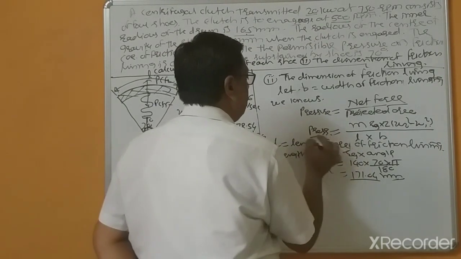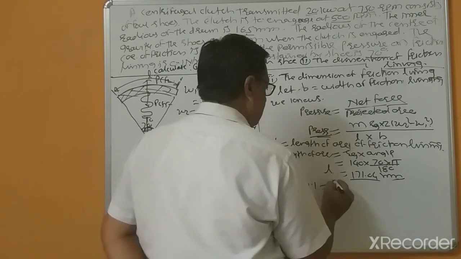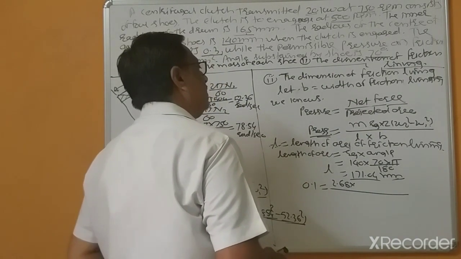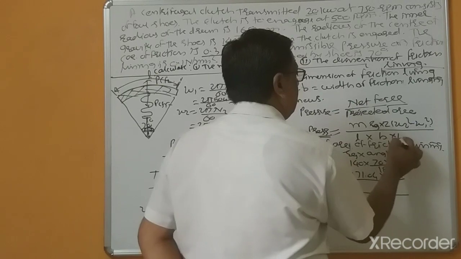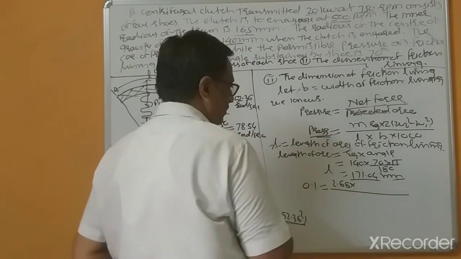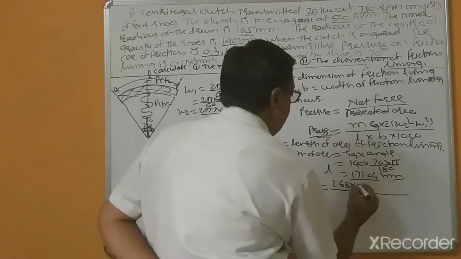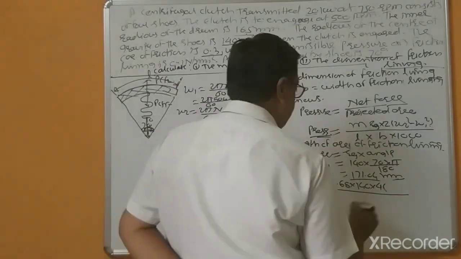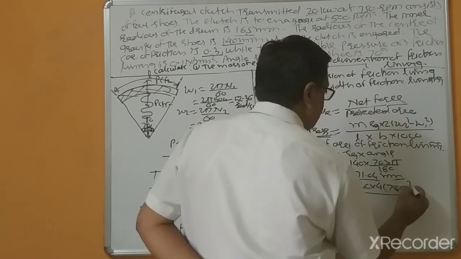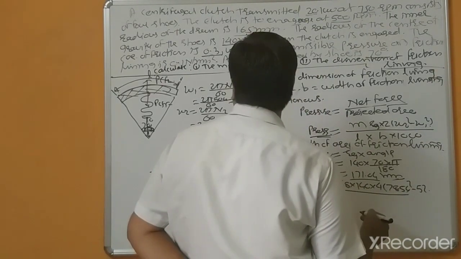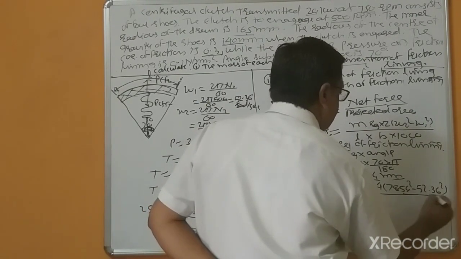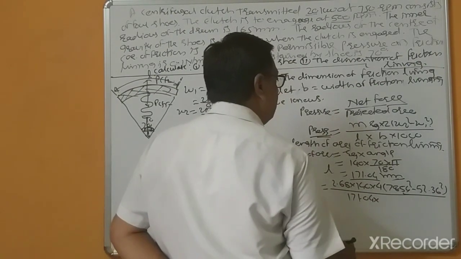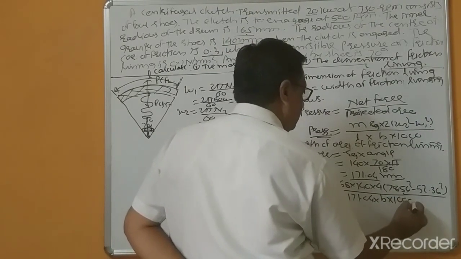Put pressure equal to 0.1, m equal to 2.68, divided by 1000, Rg equal to 140, Z equal to 4, and 78.54 square minus 52.36 square, divided by length equal to 171.04 multiplied by B into 1000.